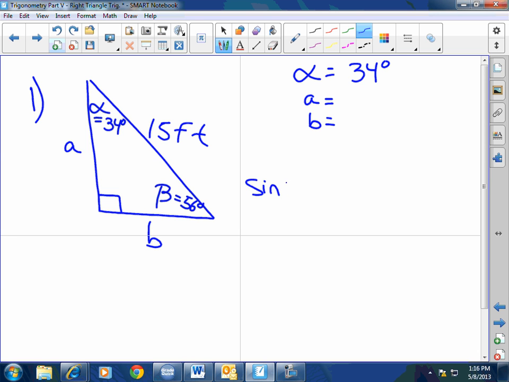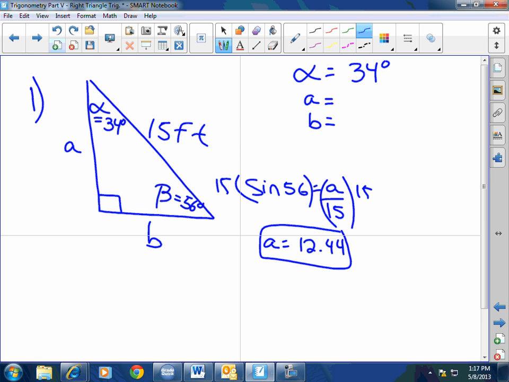So the sine of 56 equals opposite over hypotenuse. Multiply 15 to both sides. So A equals the sine of 56 times 15. So that side is going to equal 12.44. Let's round to the hundredths, please. So that's 12.44. Does that make sense, everybody?